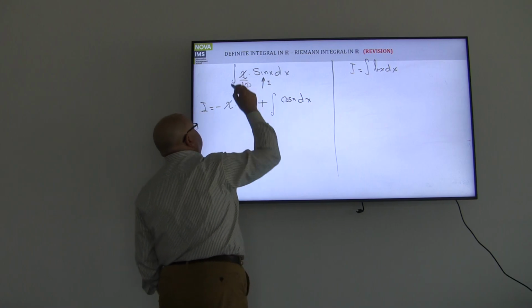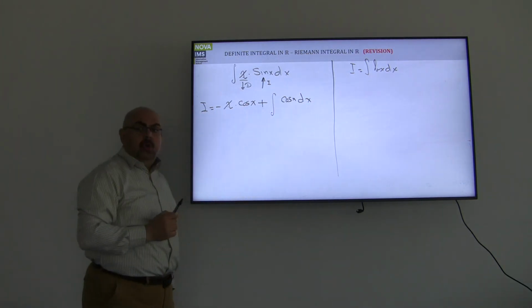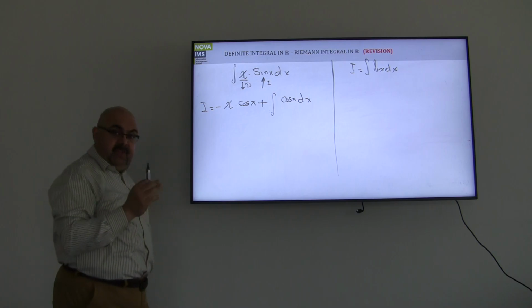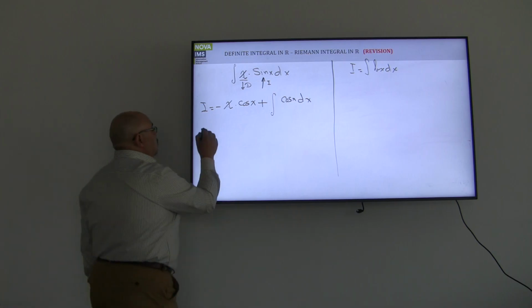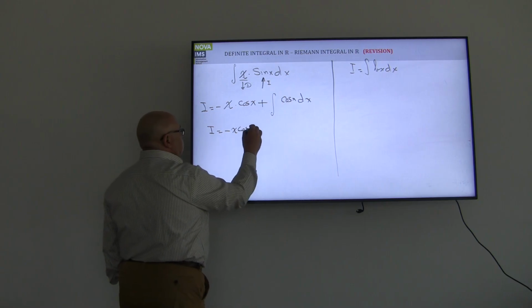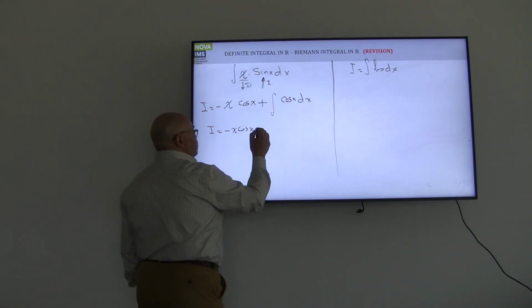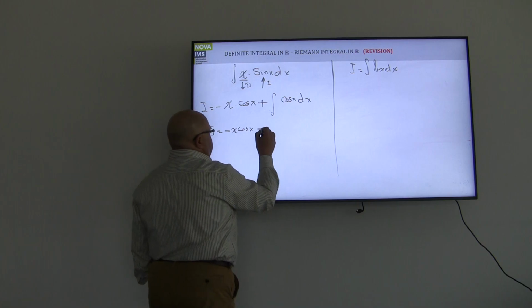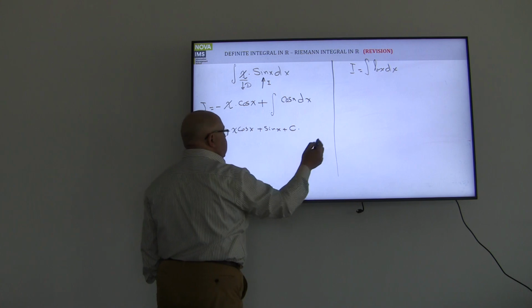Then I will differentiate x, which is going to equal 1, as you can see. Then I will finalize it, so it will be I equal to negative x cosine x, integrating cosine x, which is going to be plus sine x plus c, as you can see.